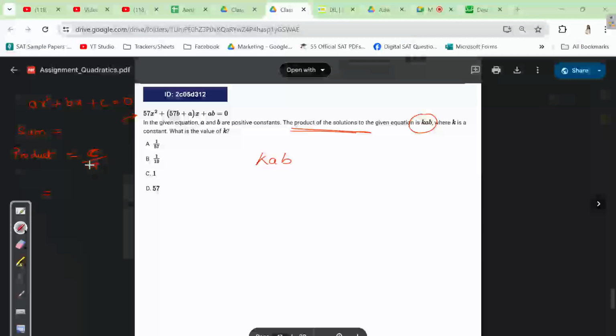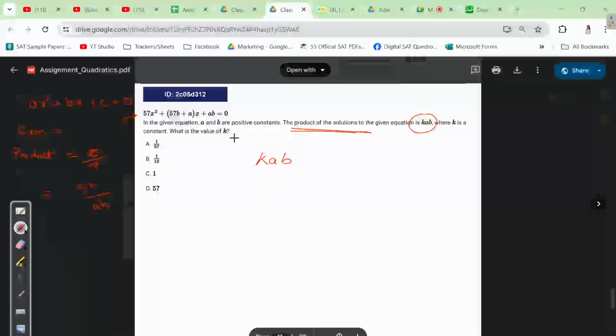So c over a for this equation. A is 57, and c is gonna be ab. Perfect. So the product will be 57 over ab, is that right?